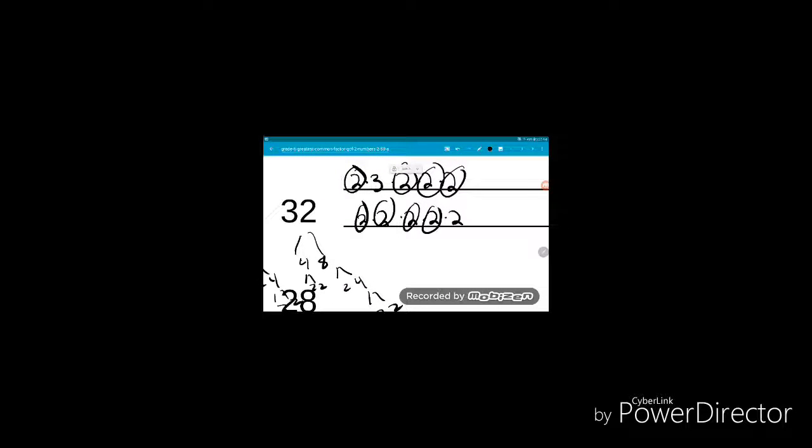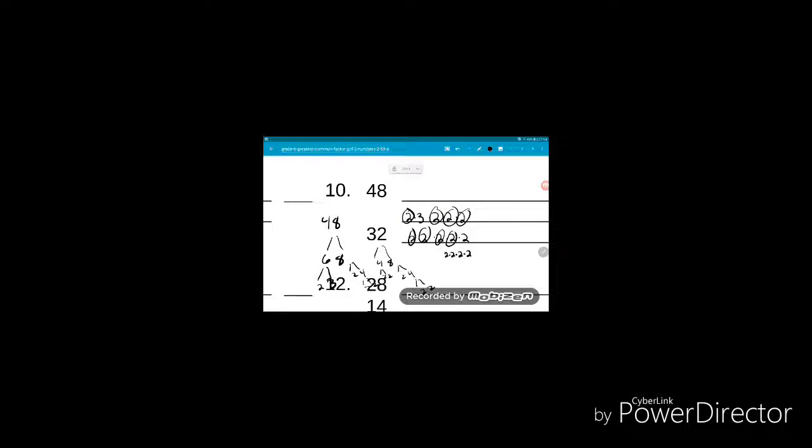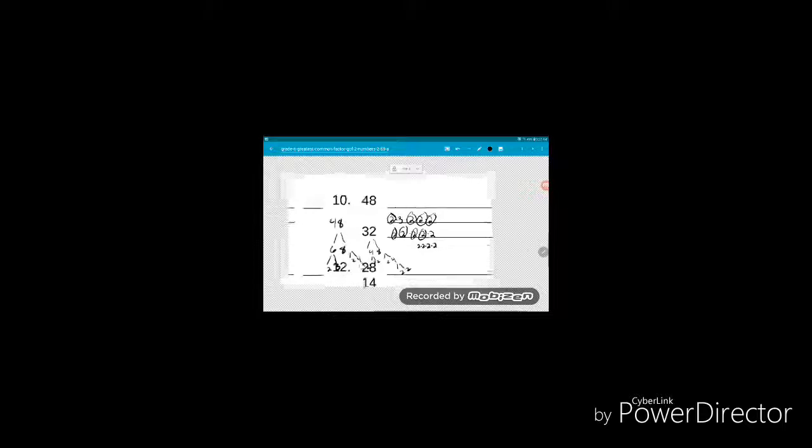So they have 1 in common. They have another in common. They have another in common. Another in common. They have 4 2's in common. Because they have 4 2's in common, it's just 2 times 2 times 2 times 2. 16. Now looking at our options, 48, 16, yeah, it looks about right. 16.